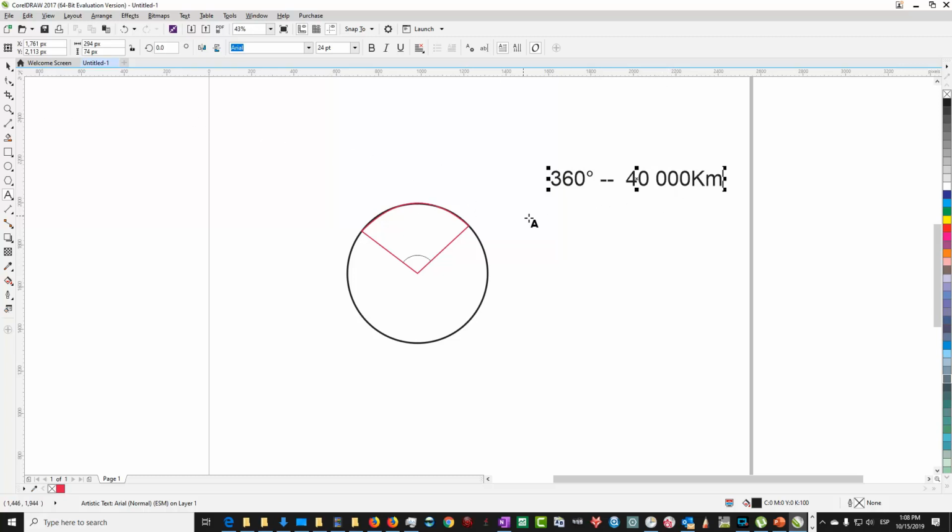Yes, I guess it's 40,000 kilometers. So if this angle, let's say it's 90 degrees, you can have a proper relationship. This is a quarter of this, so you will have a quarter of the full perimeter of the Earth, and then you will have 10,000.